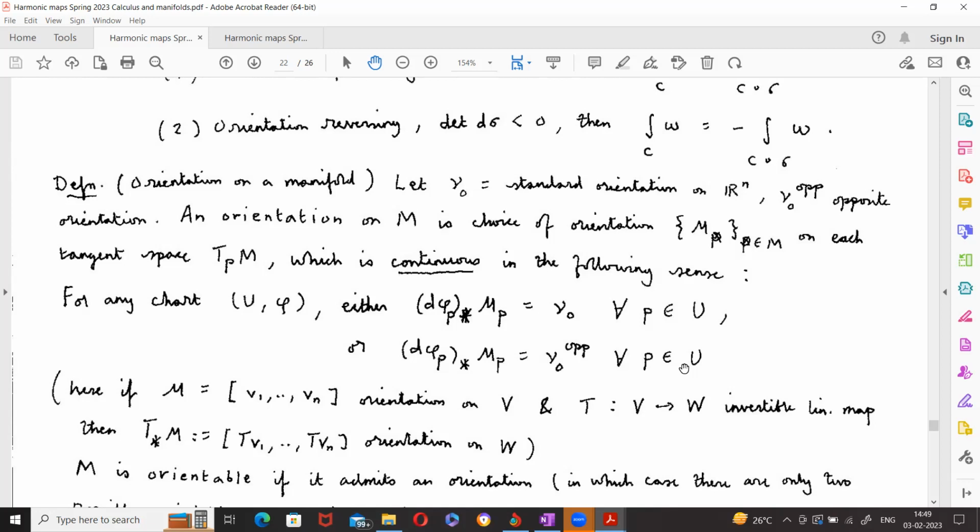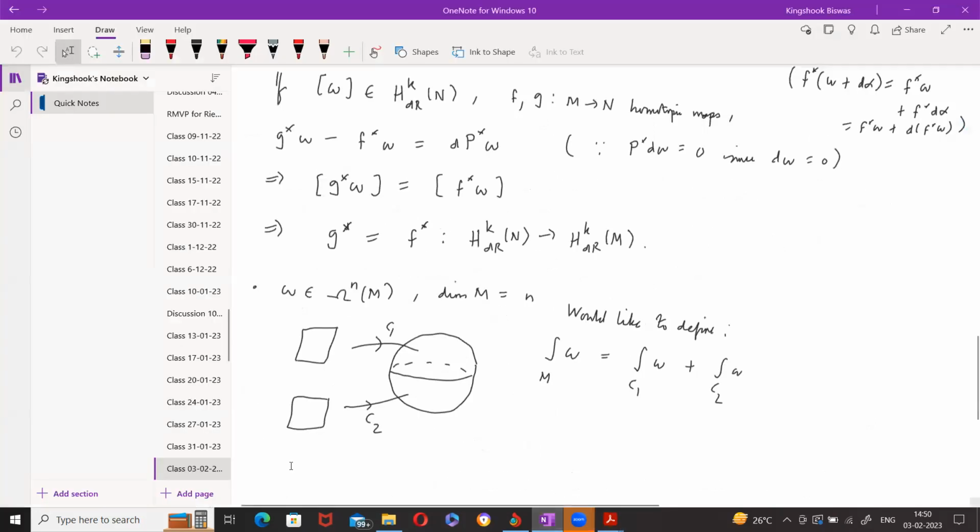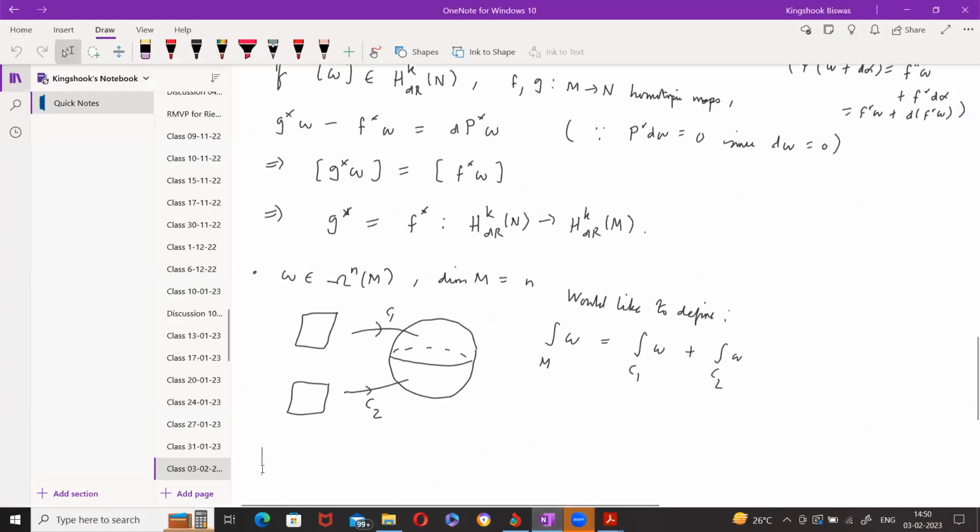So an orientation may or may not exist on your manifold. For example, if we take a surface sigma inside R^3, so that's a 2-manifold sitting inside R^3.